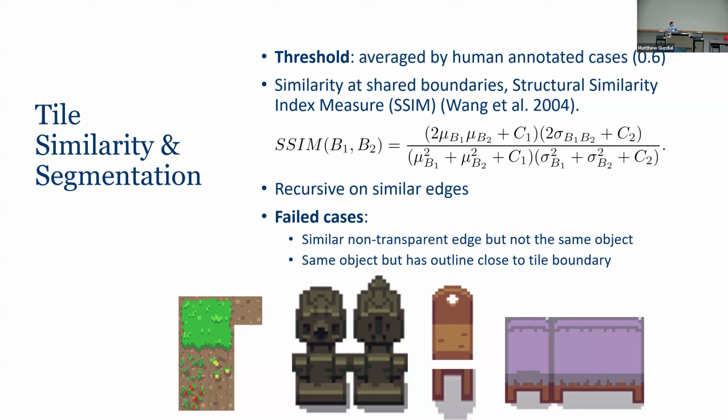The method works well for cleanly bounded sprites, but there are two failure cases. I put the failure cases here. Tiles that share similar texture but are actually different objects will fail in this method. And objects whose outline happens to be right at the tile boundary, like the chair in here, make the split ambiguous.